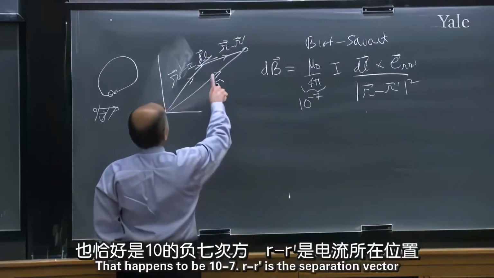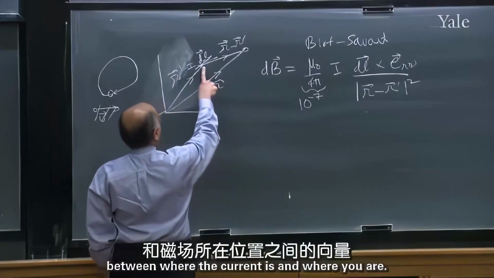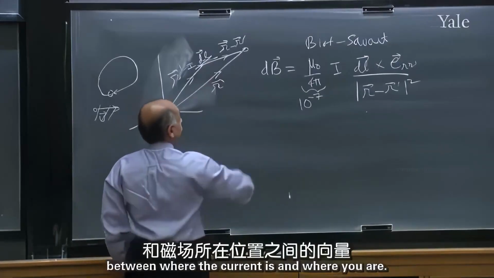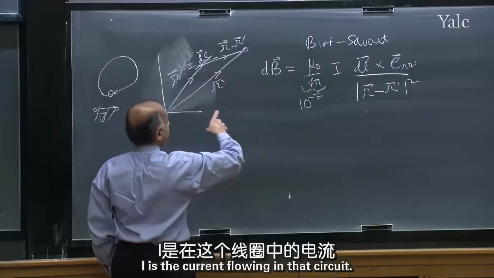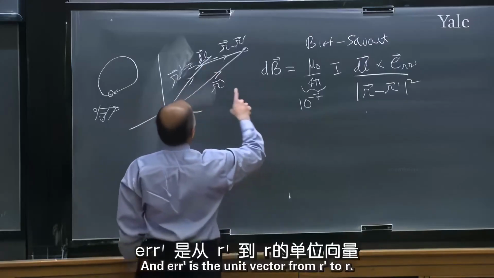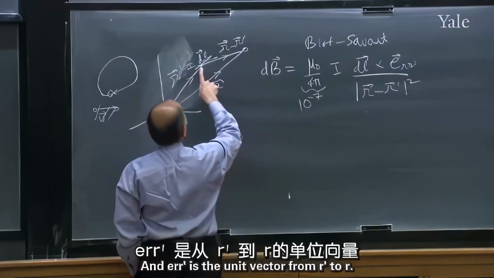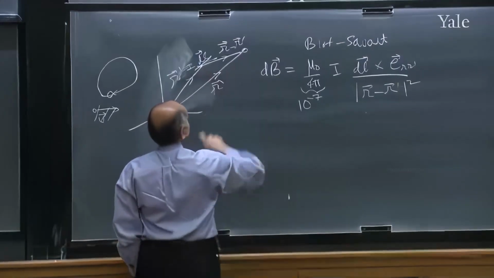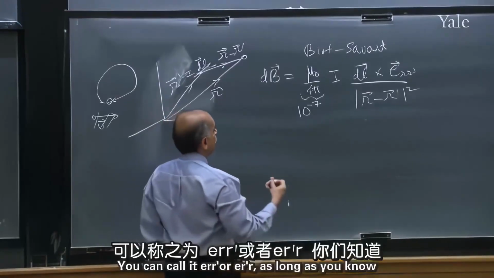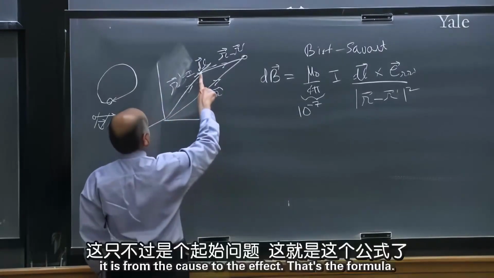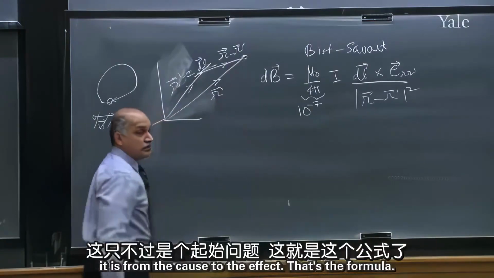r minus r prime is the separation vector between where the current is and where you are. I is the current flowing in that circuit, and e sub r prime is a unit vector from r prime to r. You can call it e r r prime, as long as you know it is from the cause to the effect.